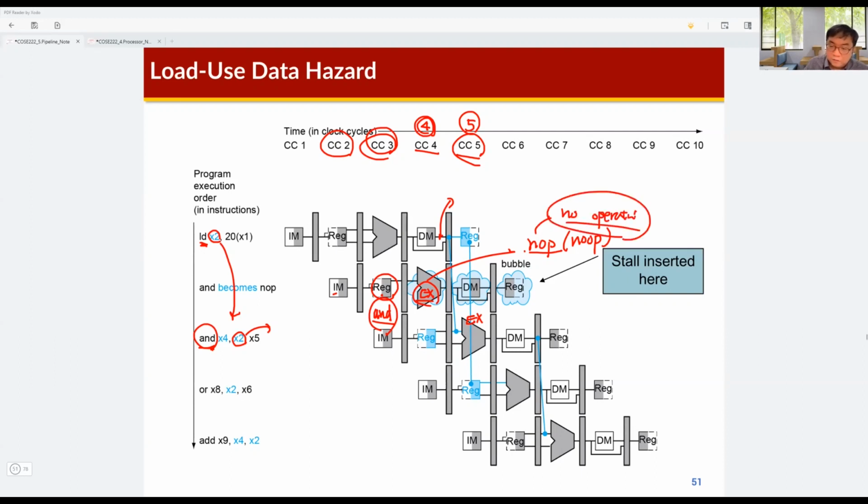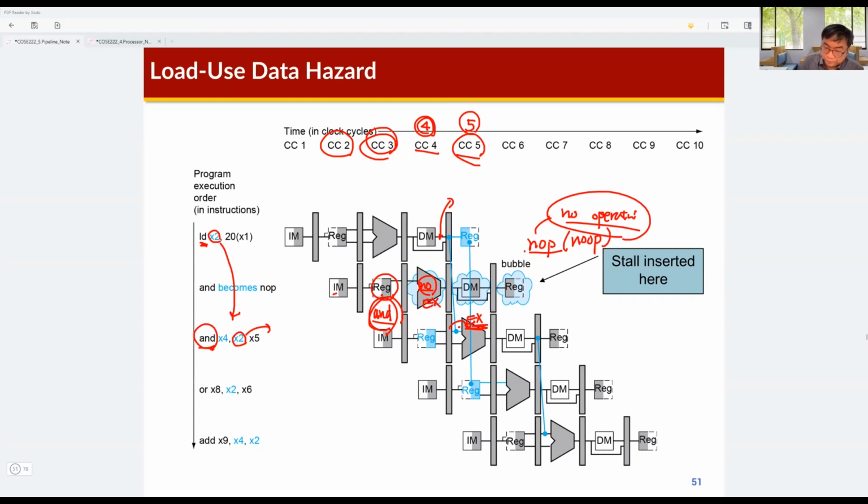So instead of propagating this add instruction, a no-operation, invalid instruction is generated and fills the EX stage here. And then after one clock, the add instruction can be propagated to the EX stage. This is the pipeline stall for the load-use hazard.